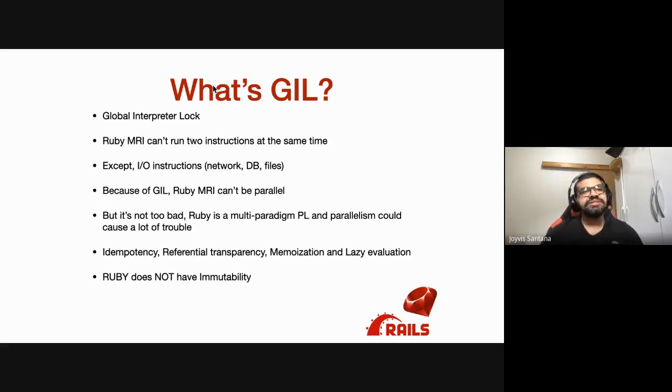Okay, idempotence, referential transparency, memoization and lazy evaluation. These are some concepts that we can find in Ruby. But before that, we have to understand what is a pure function, because to be a totally functional programming language, you have to attend to all those points.